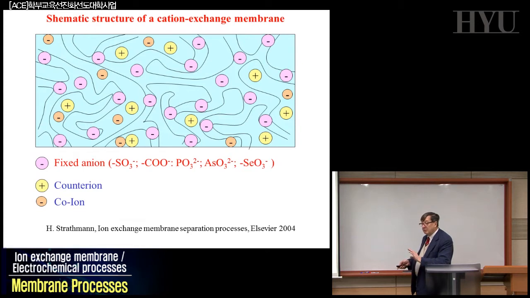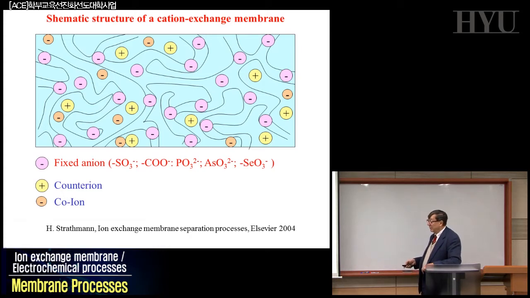These co-ions will not be able to penetrate normally in a membrane having this kind of structure, because of what we call the Donnan exclusion phenomenon, which is nothing more than the electroneutrality law that we have to respect. The counter ions are the ones that are mobile, they can penetrate in the membranes, and when one of them is going in, it means that one of the mobile ions present in the structure is going out, so the electroneutrality can be respected.